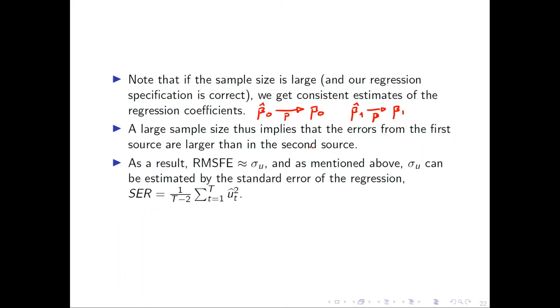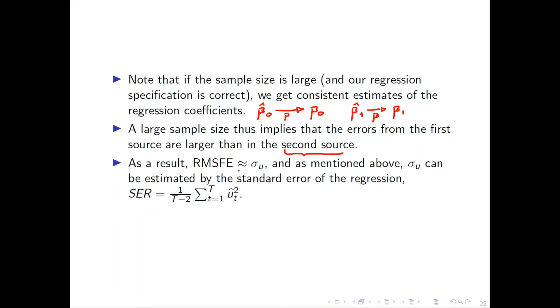And what we can say is that the second source, the estimation error, diminishes if we have a lot of data.